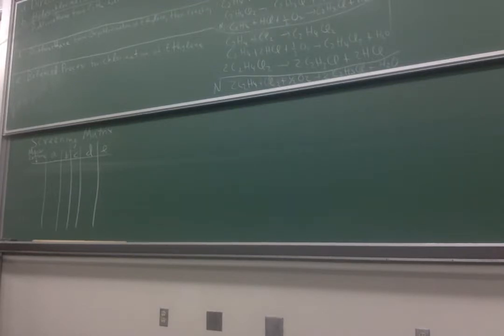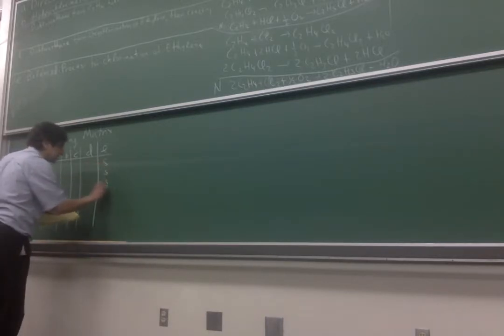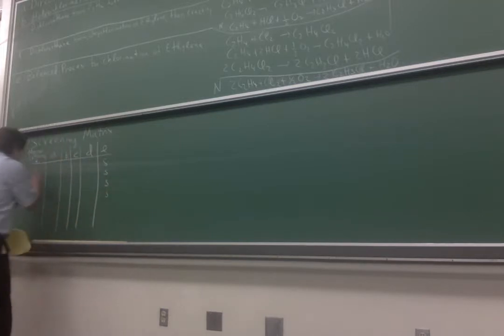Let's say I chose D as my comparison measure. Essentially you put S, meaning comparison same. Actually, I chose E, sorry, I'll change that. Then E will have S, S, S, S for all the criteria.